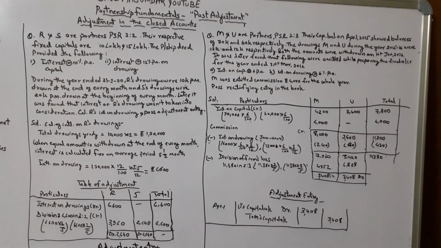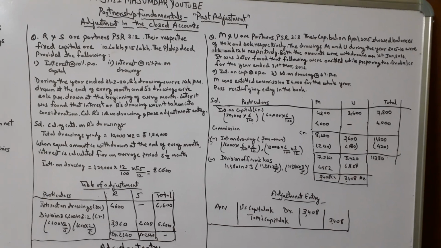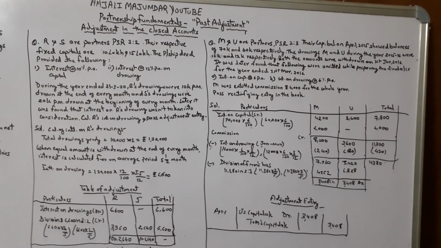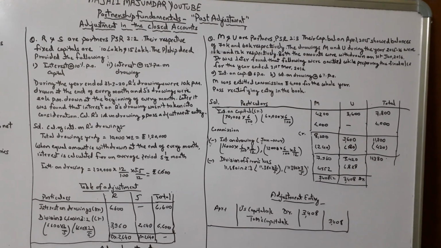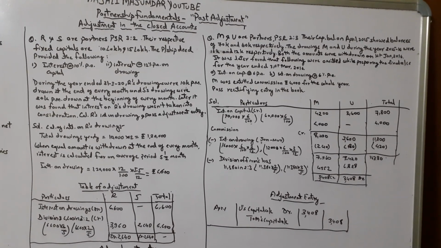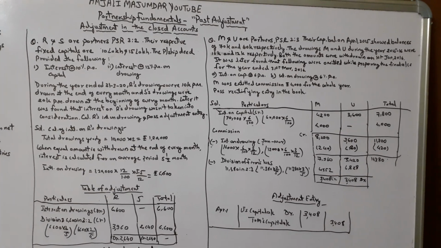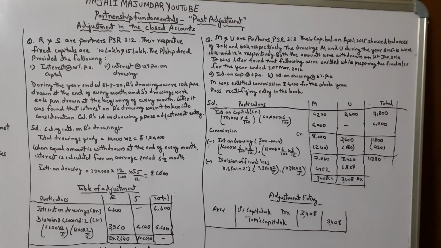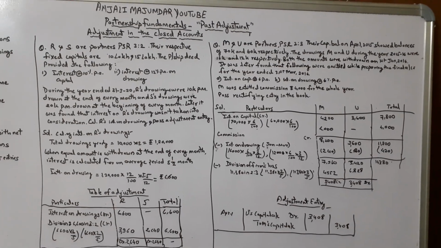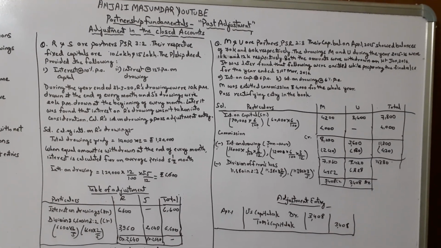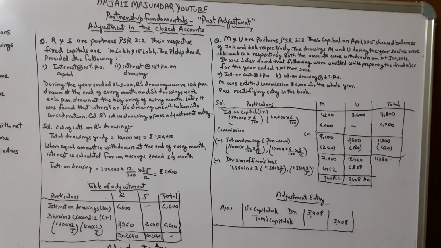Now minus interest on drawing. How to calculate interest on drawing? The rate is 6%. The drawing amounts are given in the question: M was 16,000 and for U it was 12,000. So 3 months. Why 3 months? Because in the question it is specifically mentioned both of the amounts were withdrawn on 1st January 2016.